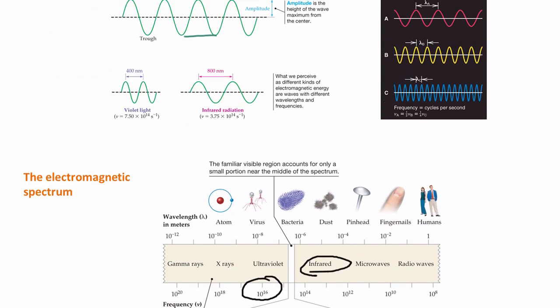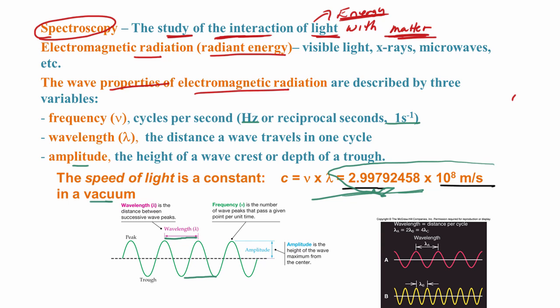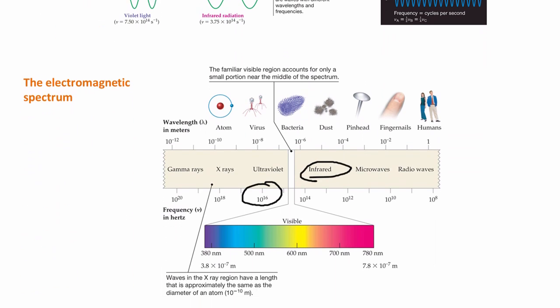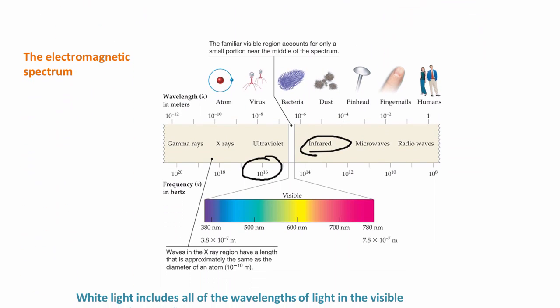Let's take a look here at the electromagnetic spectrum. And here we go. The range of frequencies or wavelengths of electromagnetic radiation is called the electromagnetic spectrum.